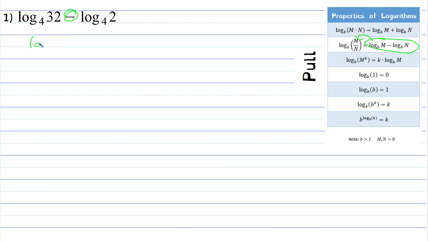So that means that I have log base 4, and we're going to take these two numbers and divide. 32 divided by 2 gives me log base 4 of 16. That's my answer.